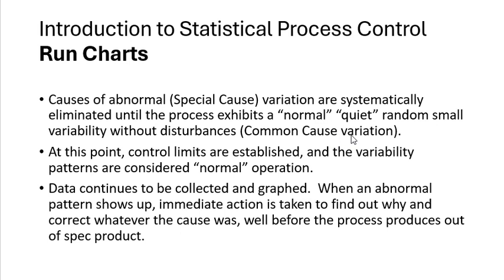Of course, when you find the causes of abnormal variations, we're going to remove them. And that's what we're trying to catch. By eliminating the problem variations, you can go back to your normal, random small variability, which is okay to keep.